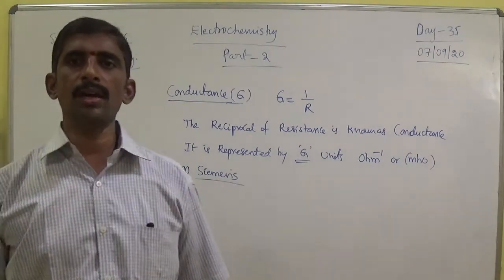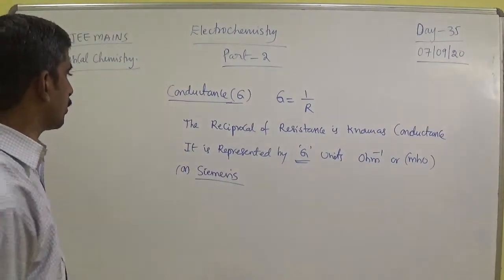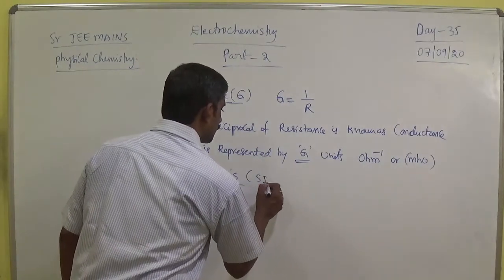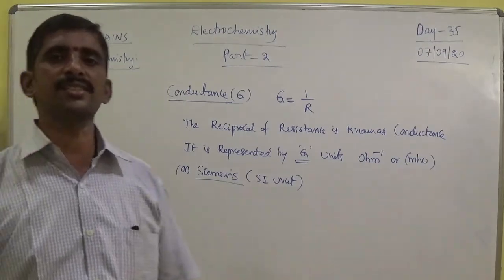Ohm inverse or mho or Siemens. It is a new word. It is the SI unit. Siemens is the SI unit of conductance.